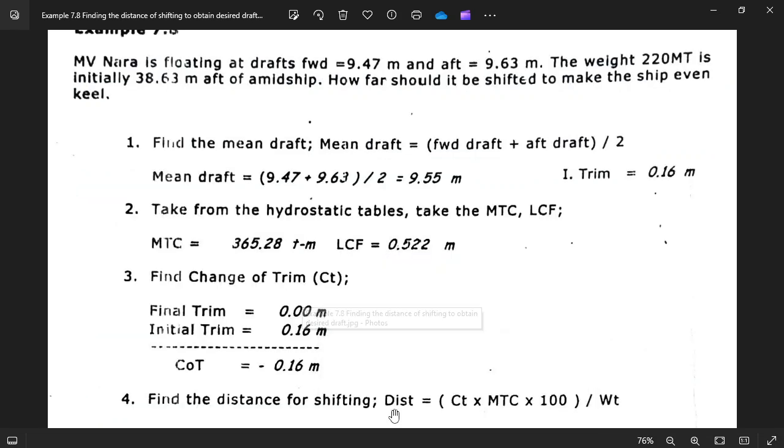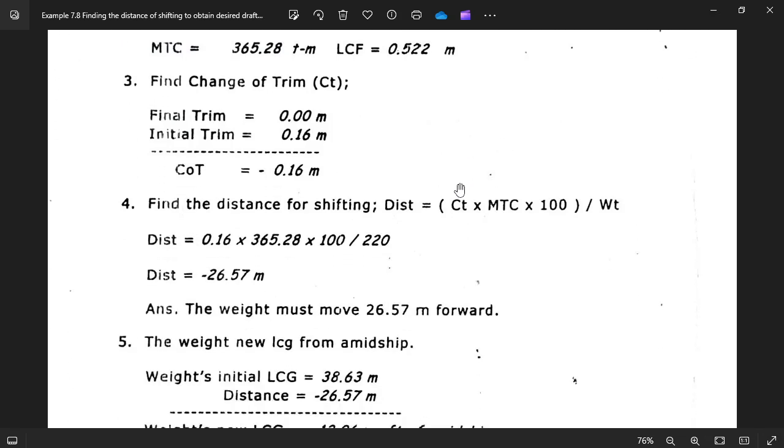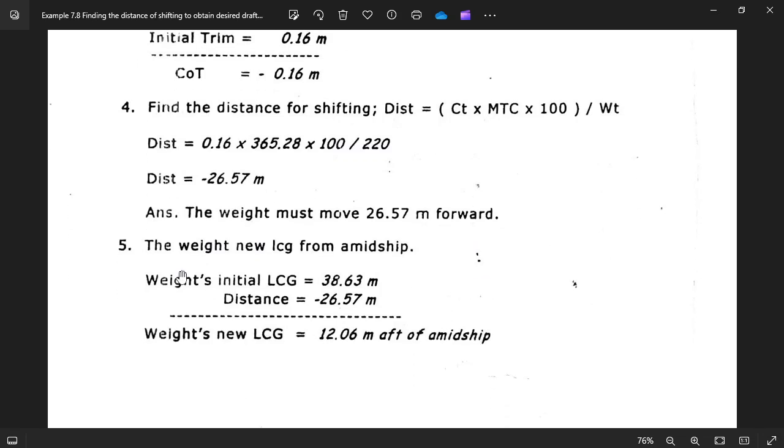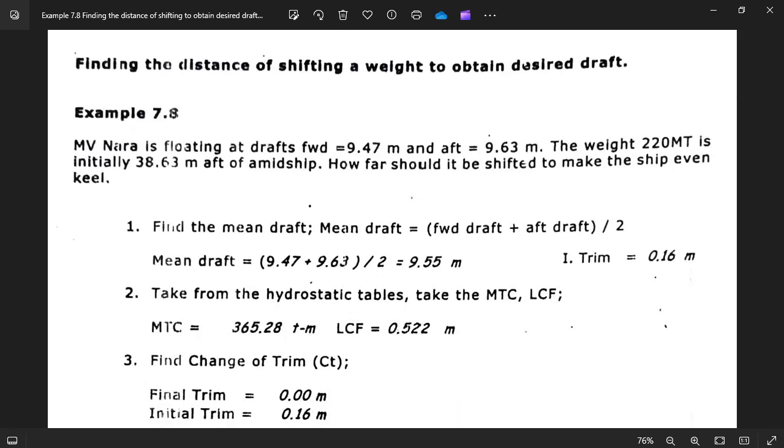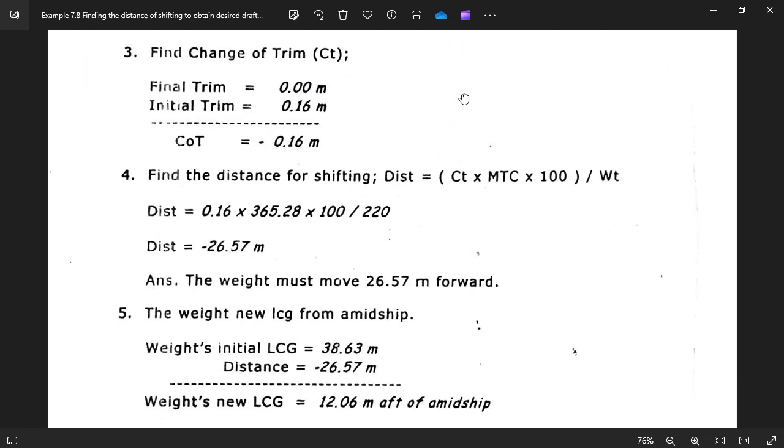And since you have the distance, the weight must move about 26.57 forward. Okay? The new weight LCG will be 38.63, which is this one, minus your distance to move forward of 26.57.